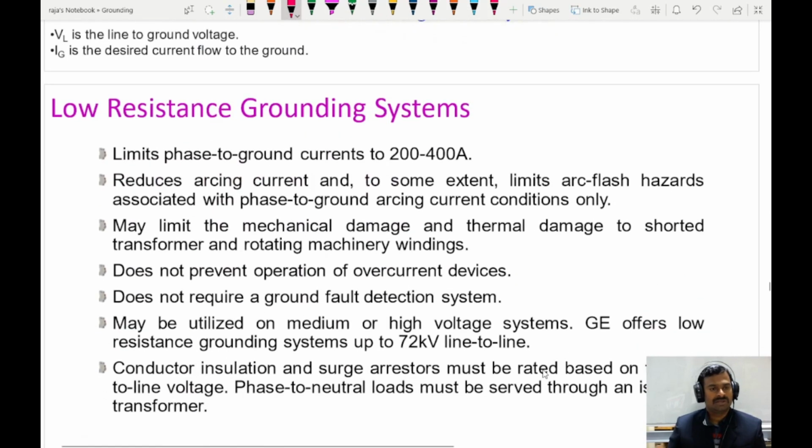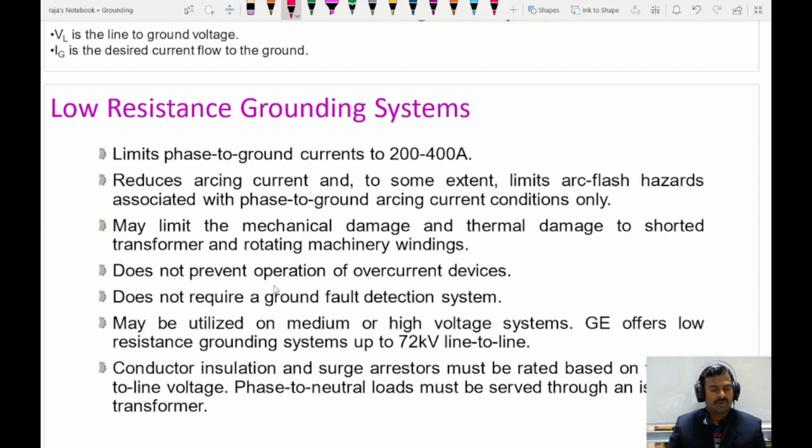So let us see what a low resistance grounding system is. In a low resistance grounding system, the fault current would be limited to 200 to 400 ampere. The resistance would be selected in such a way that the fault current would be limited to this. Because of this fault current limitation, you would reduce the arc flash hazards and phase to ground arcing conditions, and the mechanical damages and thermal damages due to the short can also be reduced.